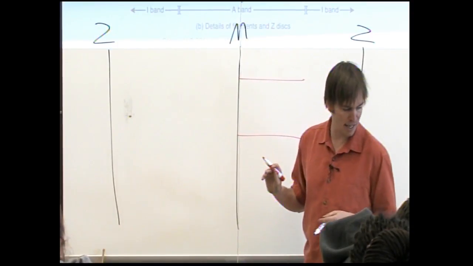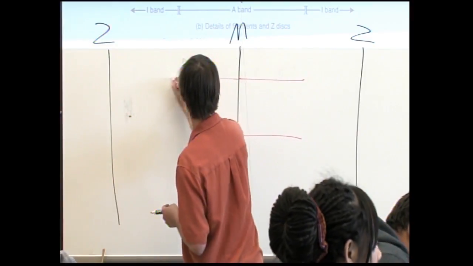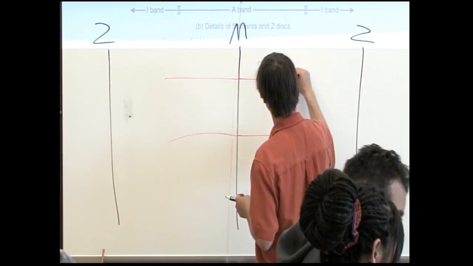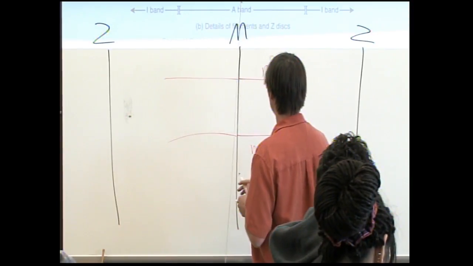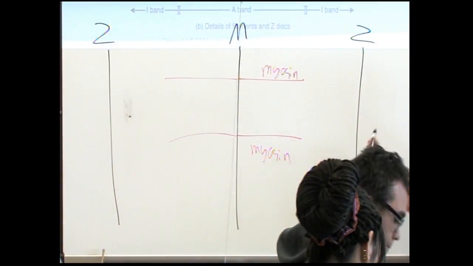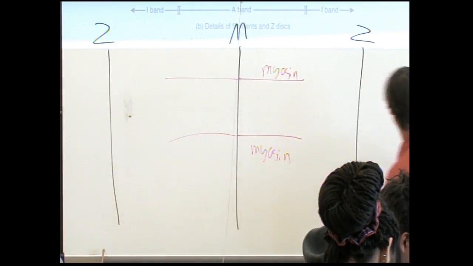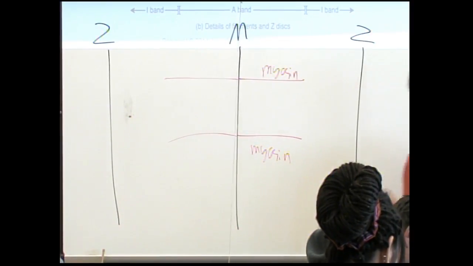How many myosins did I have you draw? 2 or 3? All right. So this is myosin. And then the actin comes about halfway from the other side.